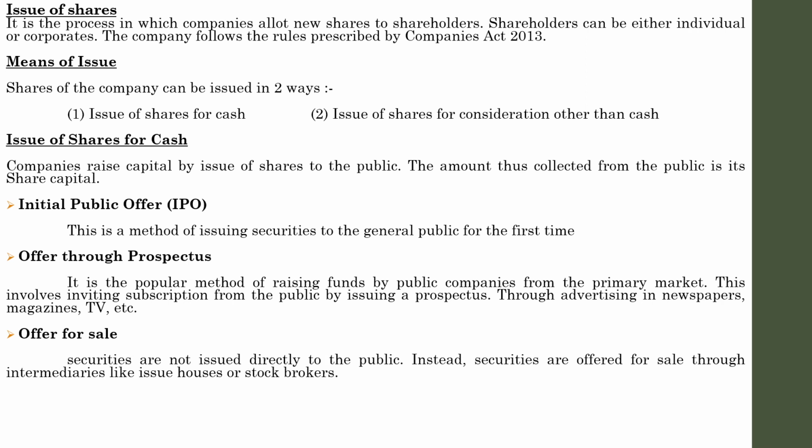Then the intermediaries will sell their shares to the public. That is the concept in which the company issues shares through intermediaries or middlemen. That is known as offer for sale.